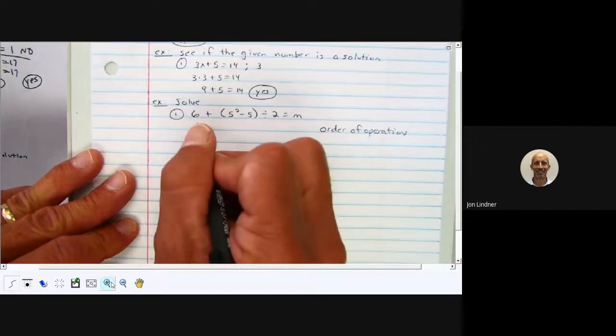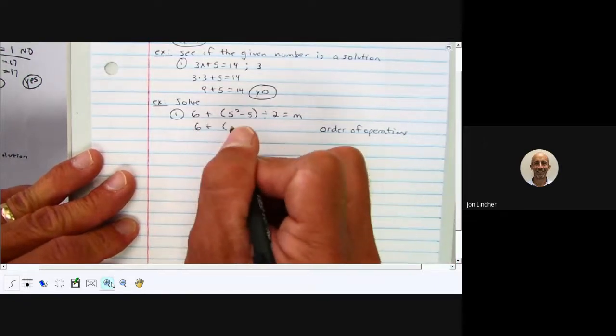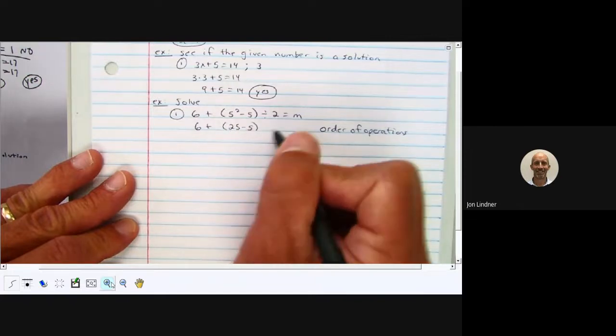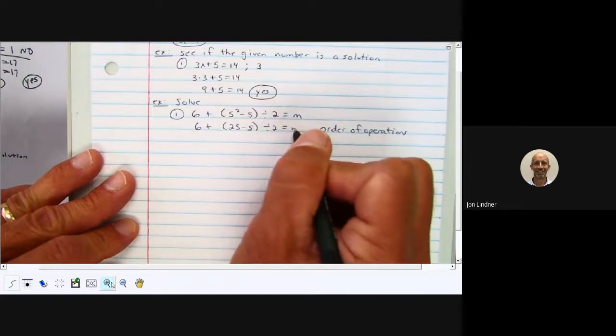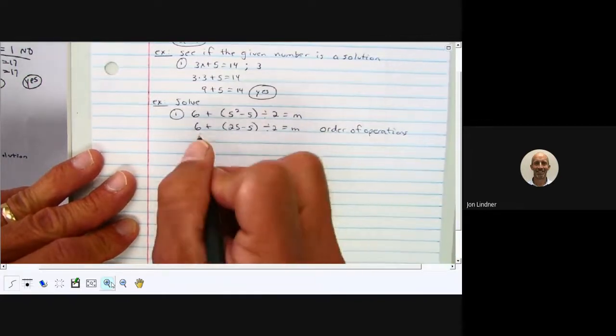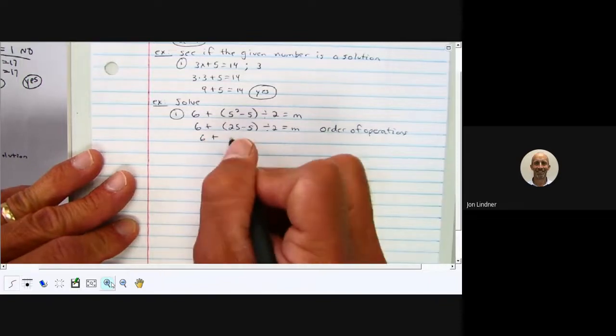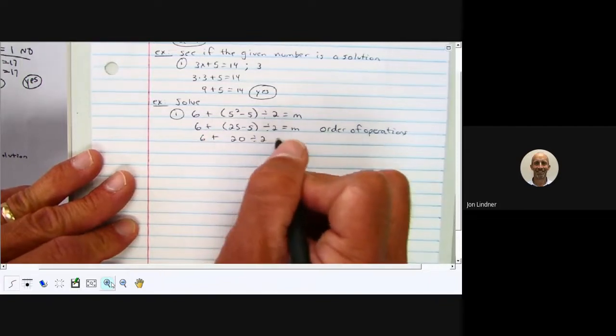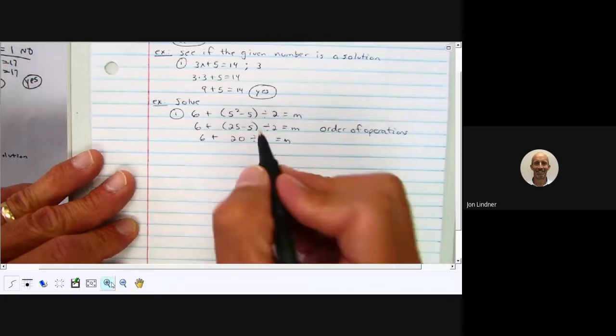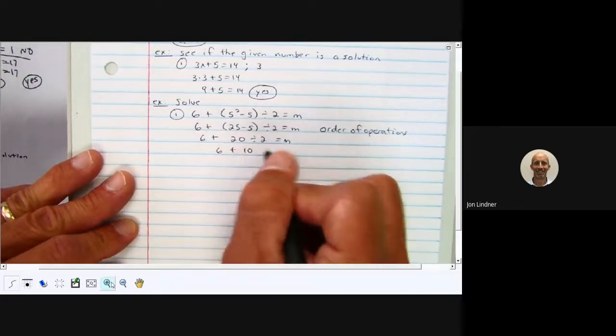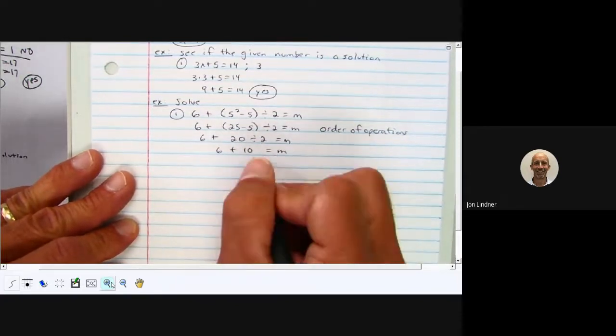So I would do the 5 squared first, 6 plus 25 minus 5 divided by 2. Then I would do 25 minus 5, 6 plus 20 divided by 2. And then I would have 6 plus 10, and that's 16.